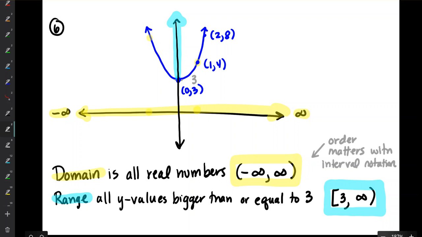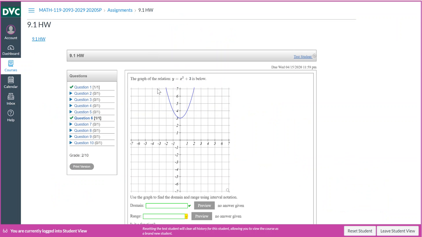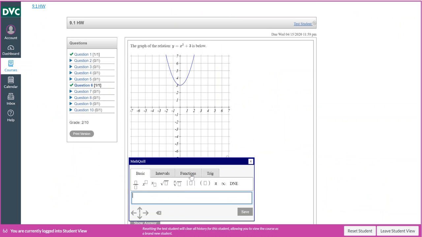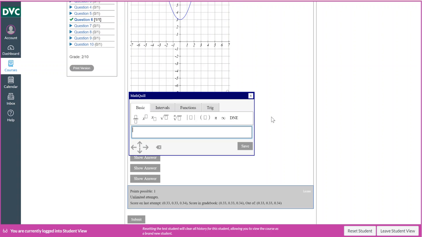Okay, now let's figure out how to put those into the computer. Okay, so for my domain, I'm going to click in here, get my arrow, and now there's new tabs, not just the basic tab. I'm going to click on intervals for the interval notation. And my domain was all real numbers going from -infinity to infinity.